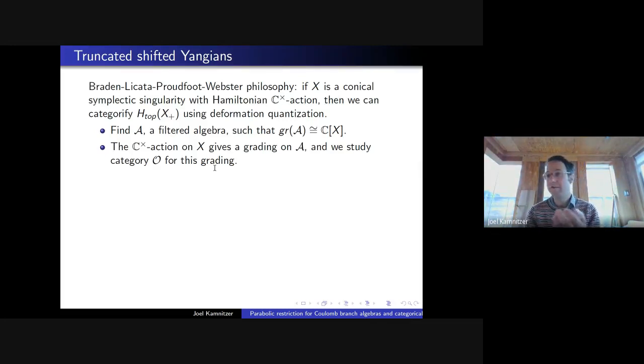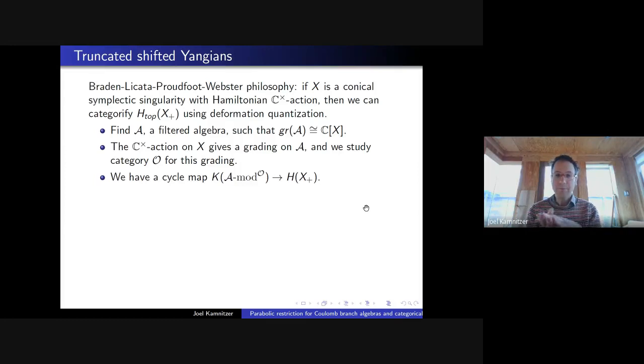So this is inspired, of course, by the example where X is the nilpotent cone and A is the universal enveloping algebra of G modulo the maximal ideal of the center. And in that case, this is just the usual category O of a semisimple Lie algebra, or a block of that category O, I suppose.